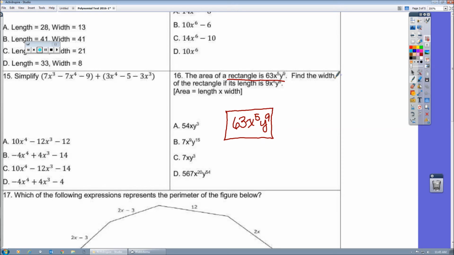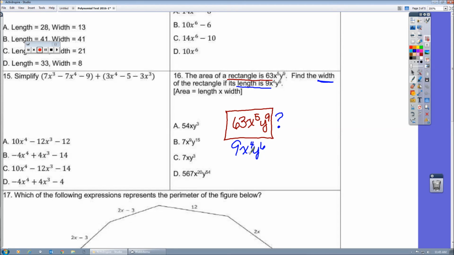The question's asking, find the width if they give you the length, that is 9x to the 4th, y to the 6th. So they're asking you, what's in blue? 9x to the 4th, y to the 6th, times question mark equals our area.